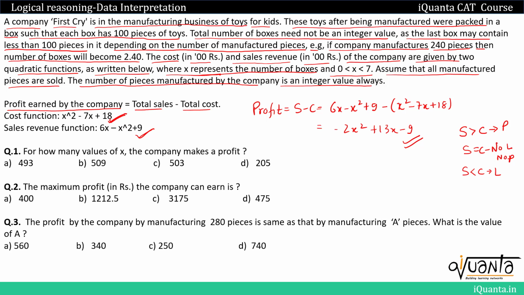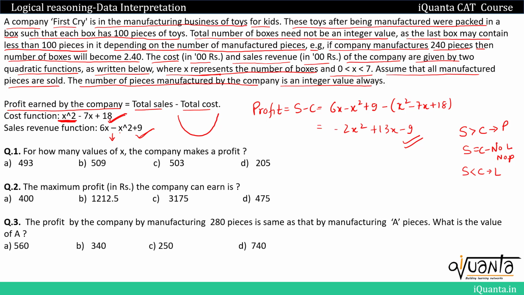Now many of you might not know how to draw the graph of a quadratic function, but let me give you an idea of it. Whenever the coefficient of x square is positive, the graph of a quadratic function is always a parabola and it opens upwards.